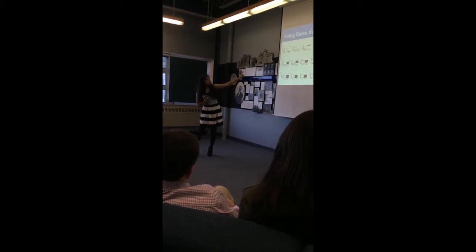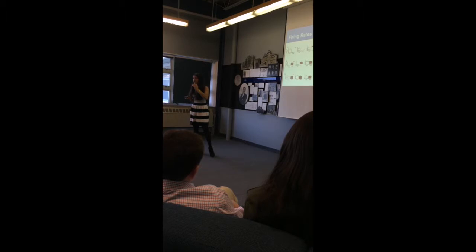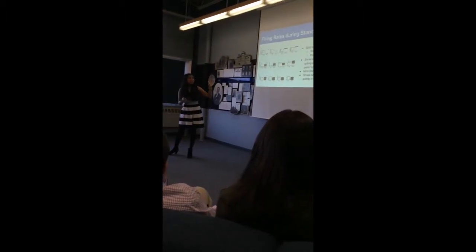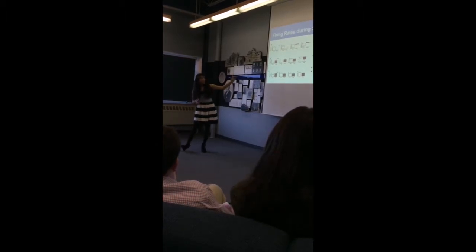So, as you can see in graph A, some of the neurons significantly changed their PRC brain activity in only the pre-choice period. That's from when they were shown the object to right before they made the choice. And in graph B, you can see that some significantly changed their brain activity in the PRC in only the post-choice period.